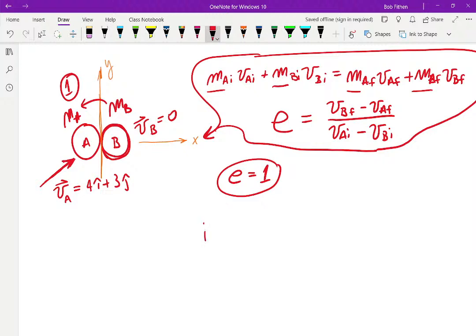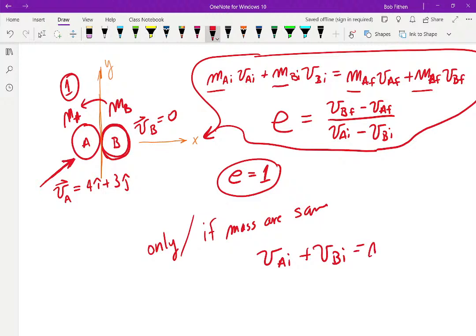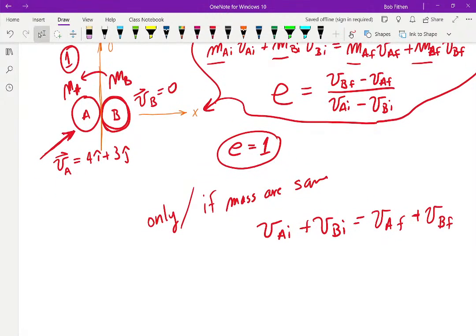If the masses are the same, and only if the masses are the same, you can rewrite this equation: VA initial plus VB initial is equal to VA final plus VB final. So let's go ahead and start looking at this.